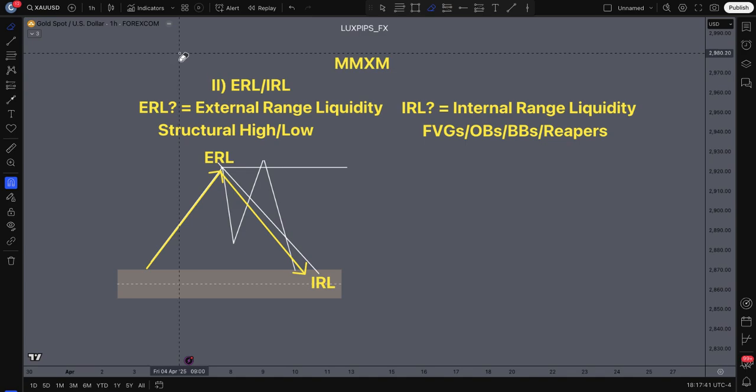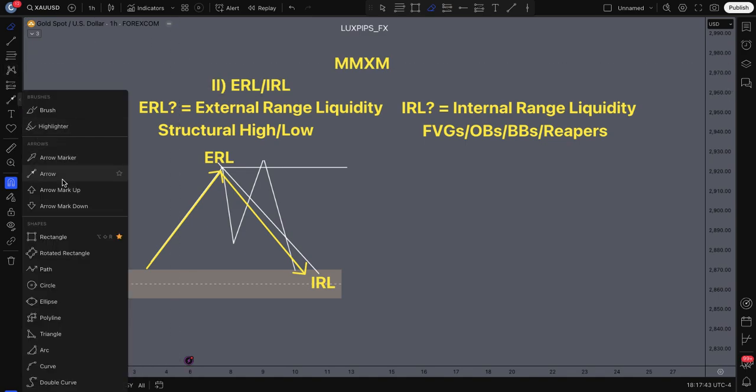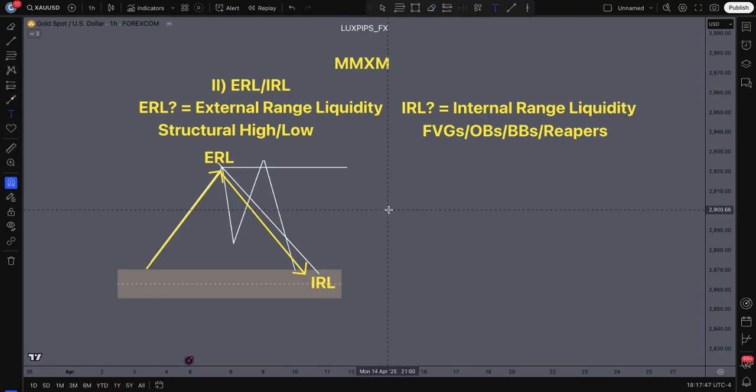Oh, hold on, I don't want to erase that yet. So never forget the pattern: ERL towards IRL. If you're trading from the IRL, you want to aim towards ERL. This is the cycle right here.